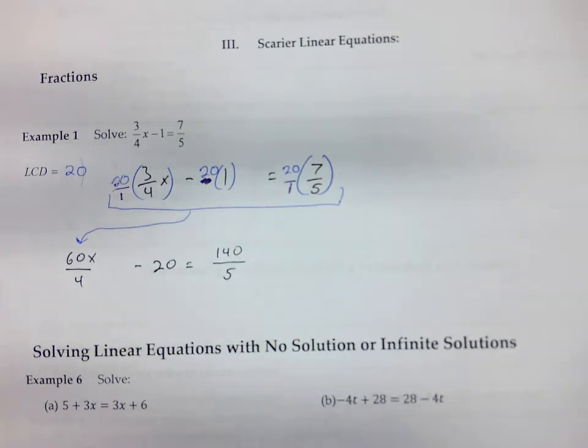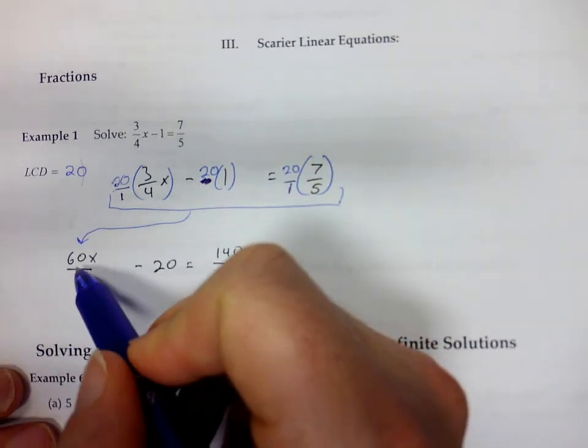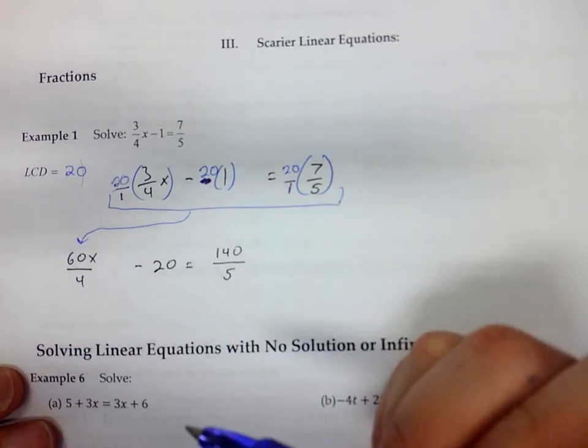Now, the purpose of this, the reason we multiplied by that 20 in the beginning, is the fractions we have will now reduce.